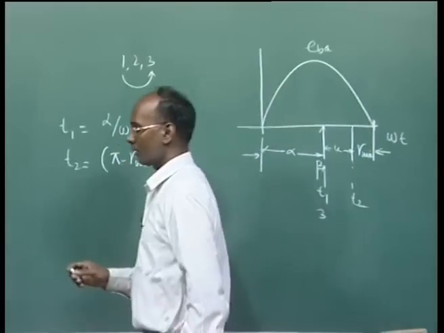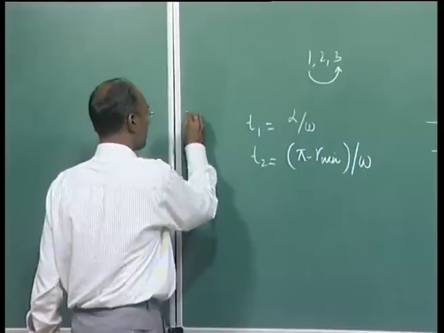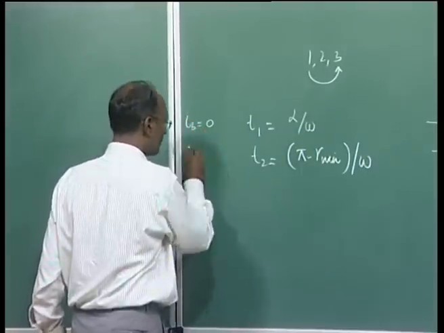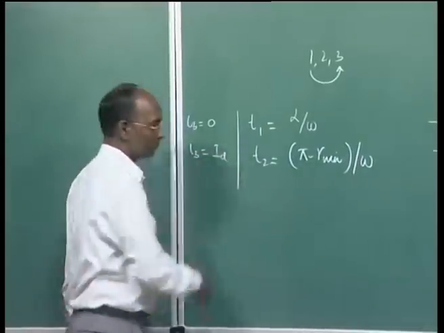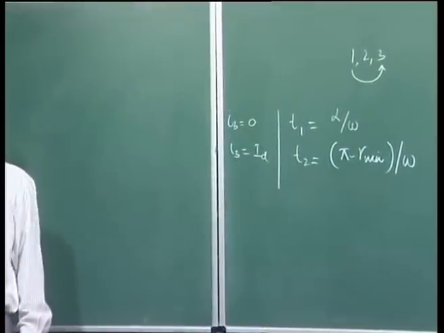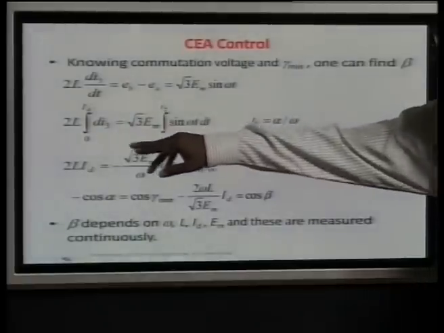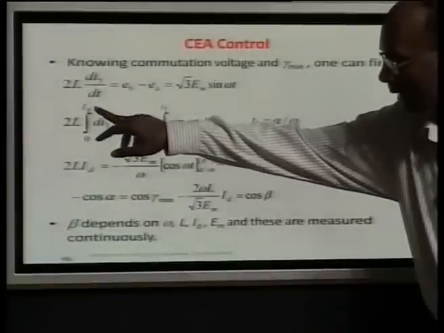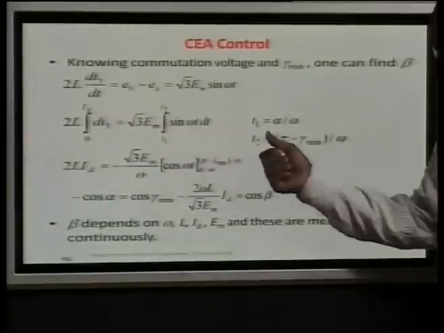Now, we know that at this instant I3 was 0, and at this instant I3 becomes ID. So, you can solve this equation by integrating from 0 to ID for I3, and this is from T1 to T2, which we already defined.